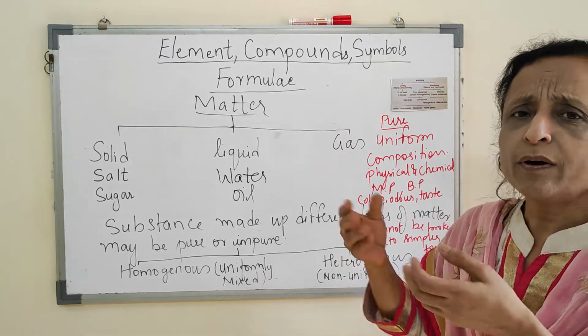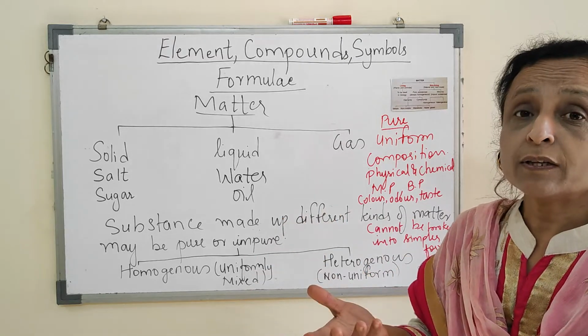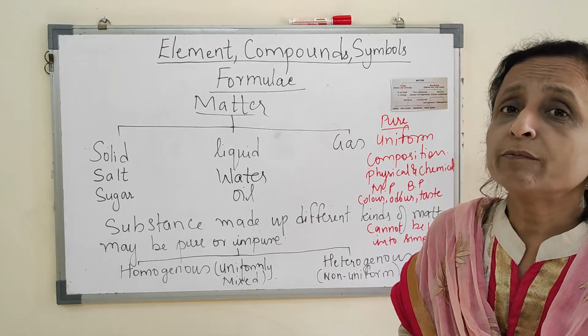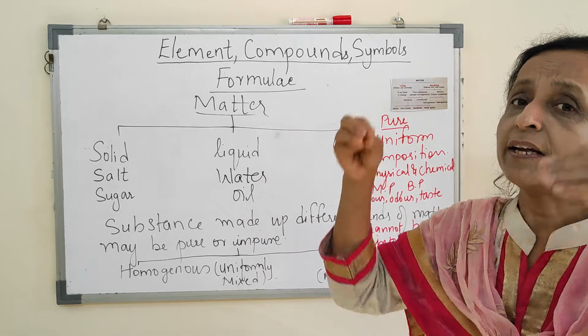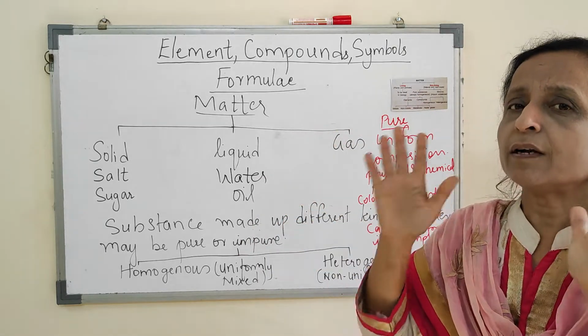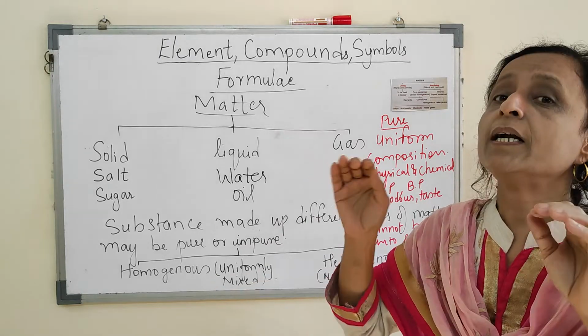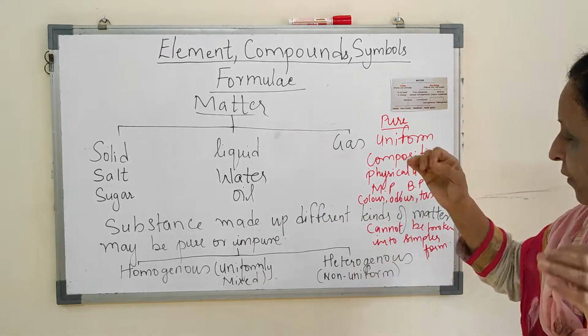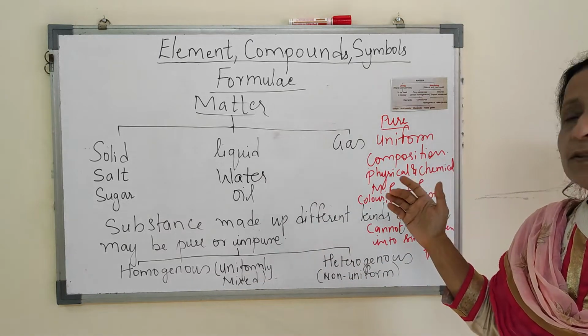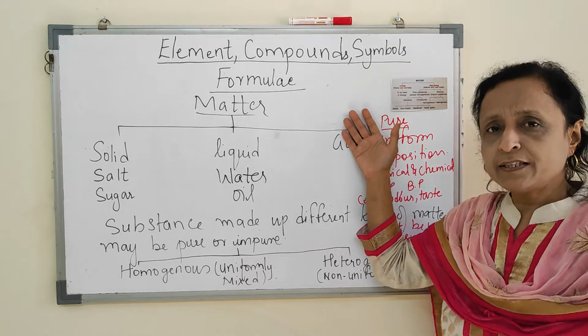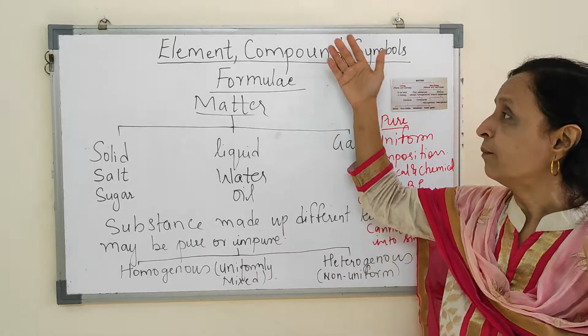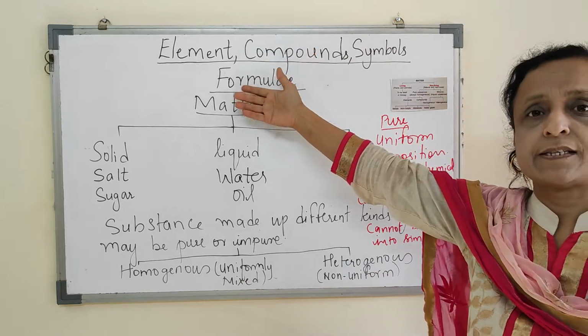It will take more than 100 degrees. So their melting and boiling points will vary when you add impurities. Pure, it will remain definite. But impure, it will vary depending upon the impurities. So next we'll study more about the elements.